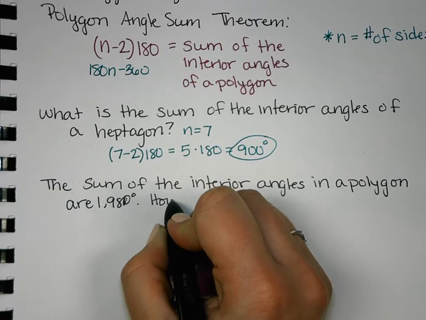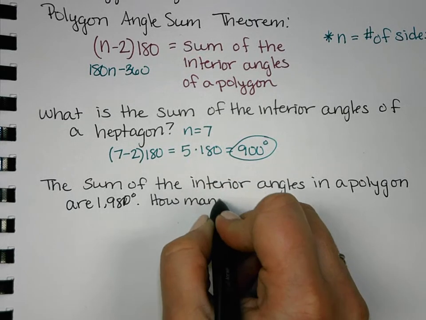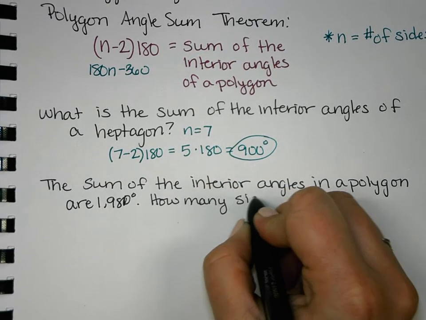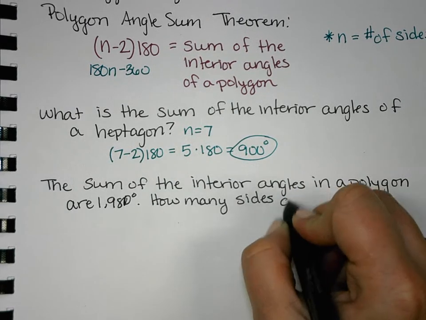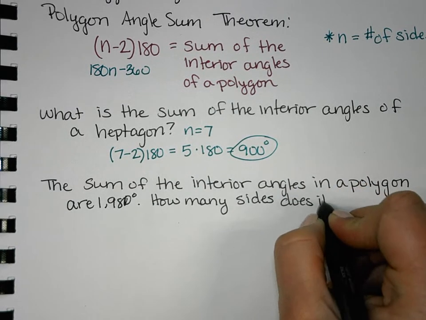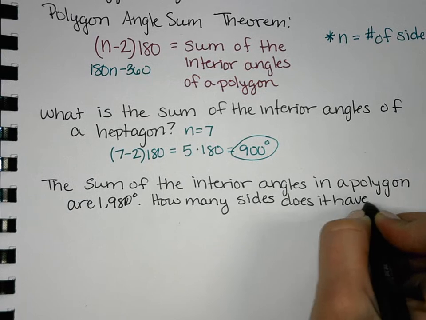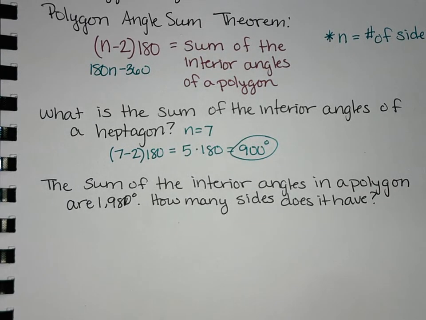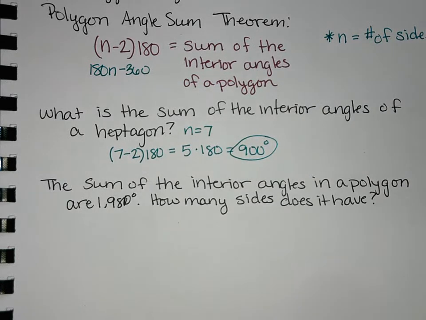How many sides does it have? So this is what I mean by backwards. It's going to give us the sum, and we have to solve for n, the number of sides.